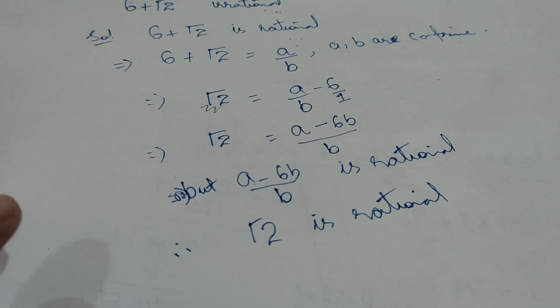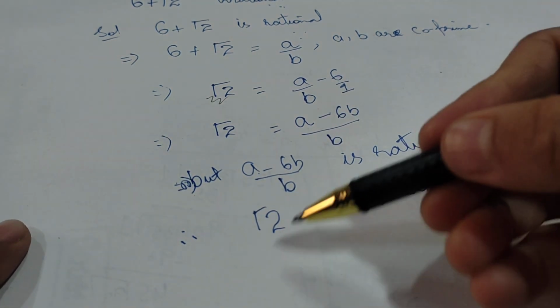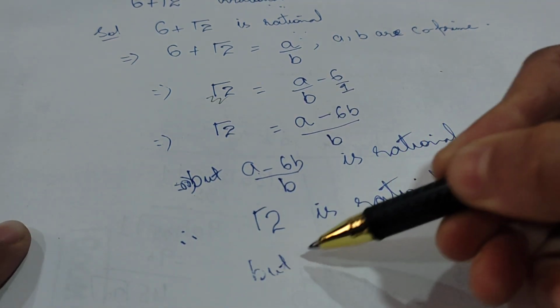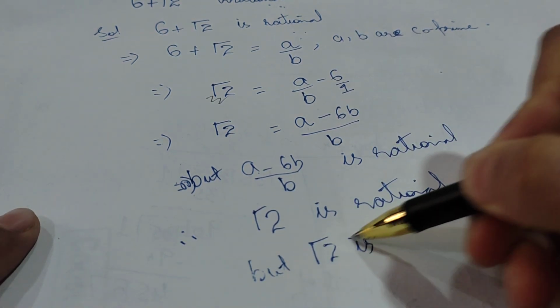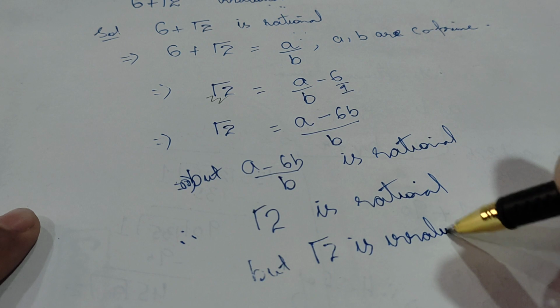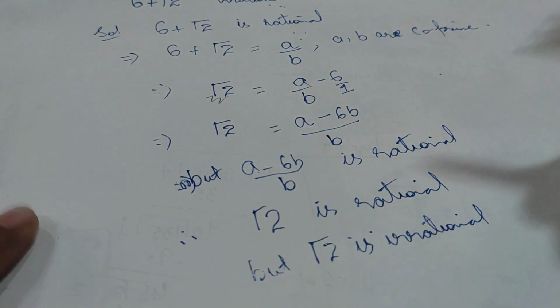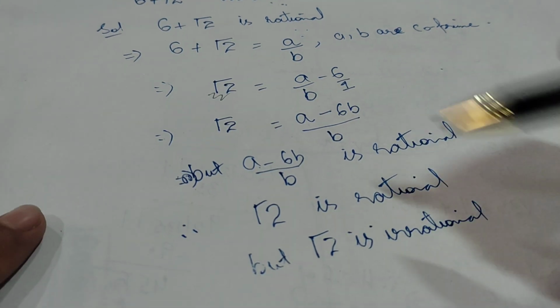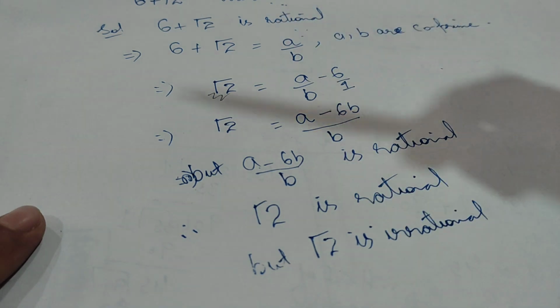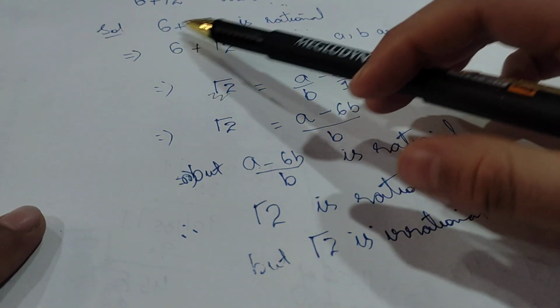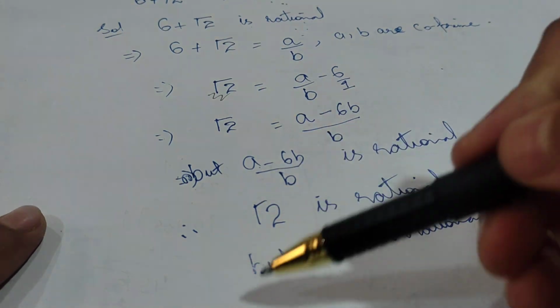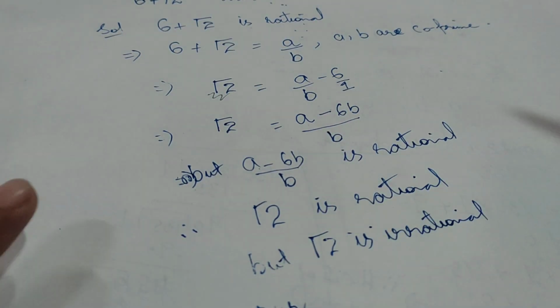But it's a contradiction. Why? Because we already know that under root 2 is irrational. That means our supposition was wrong. We had supposed that 6 plus under root 2 is rational, and that supposition was wrong.